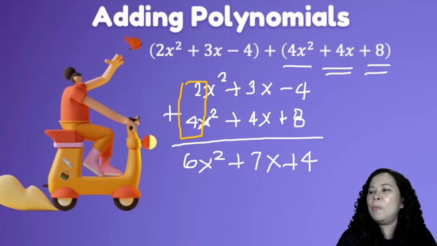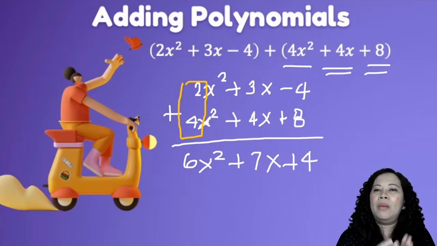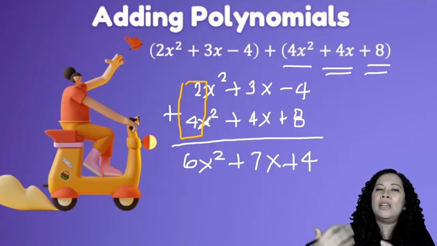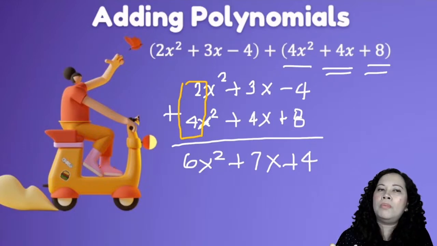Okay, so going back to our lesson, adding polynomials, we have two ways to add them. It's either vertically or we add them horizontally. So what I'm showing to you tonight now is vertical. The way that we add polynomials in a vertical way is that we align them in columns, the same or like terms.